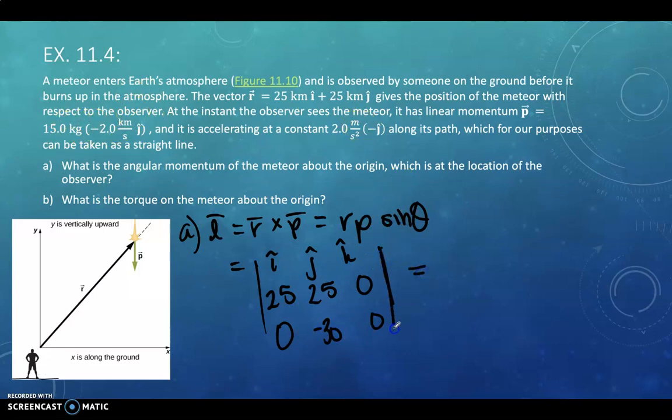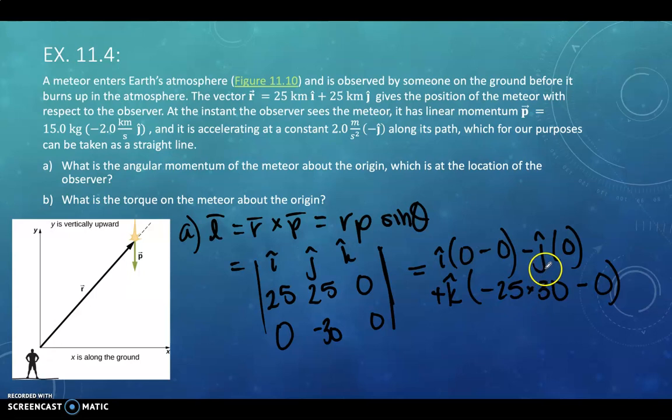So we have i hat times 25 times 0 is 0, minus 0 times negative 30, which is 0, minus j hat times 0, plus k hat, which makes sense. It should be in a different direction, perpendicular to the other two. And this will be negative 25 times 30 minus 0.